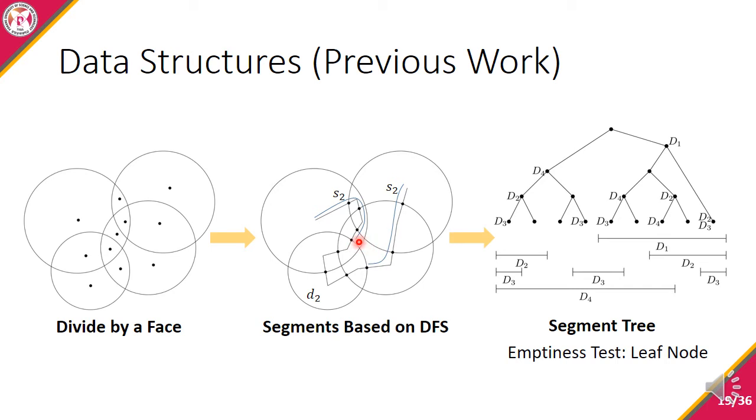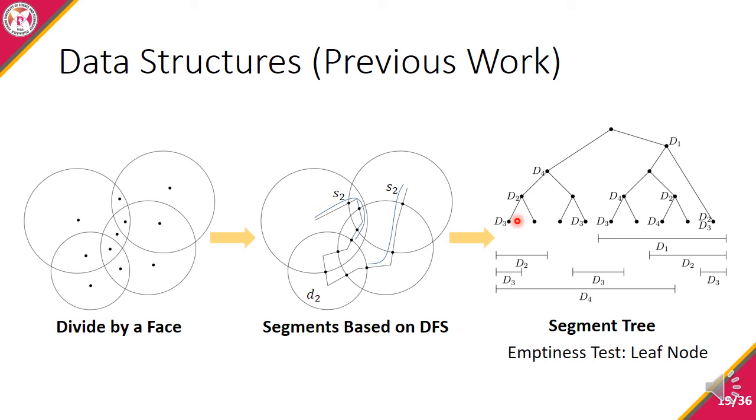Using those segments, previous work constructs a segment tree. Each node of the segment tree represents disks that are not pierced during each interval. For each node, they store the intersection of disks in the node and use the intersection in the emptiness test.